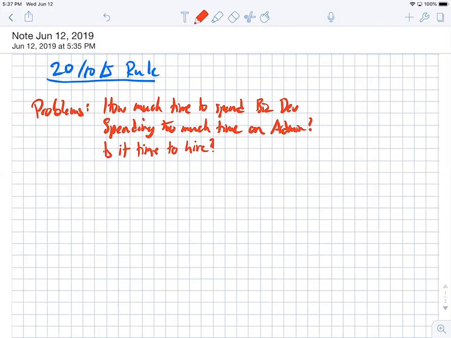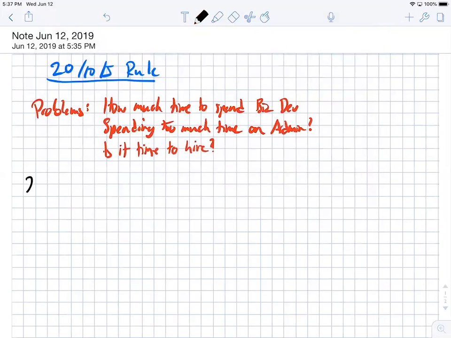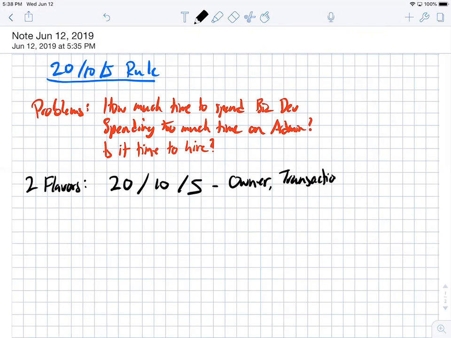It does require time tracking, and we have two flavors of the rule. The first one is 20-10-5, okay? And this is going to be for typically an owner of a law firm, and they are going to be handling transaction work, so not going to court, generally driving a desk.